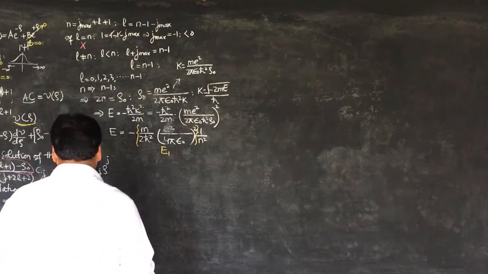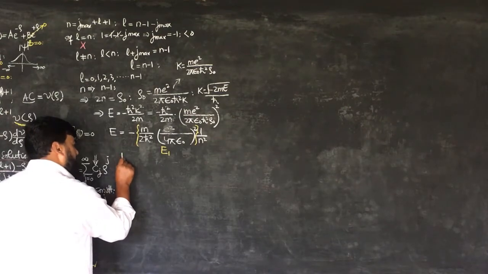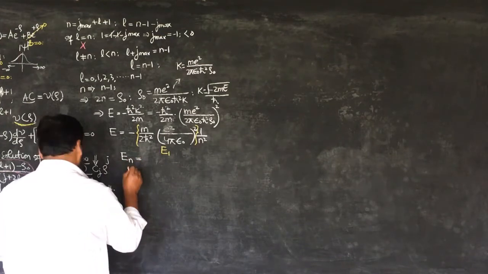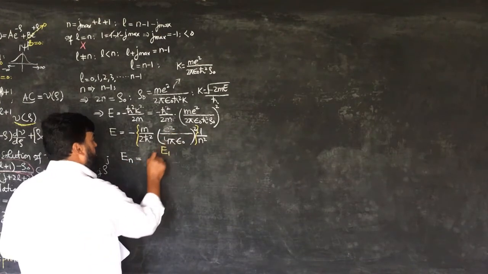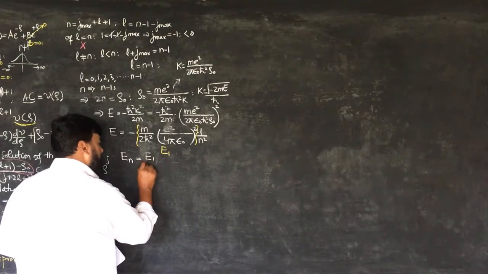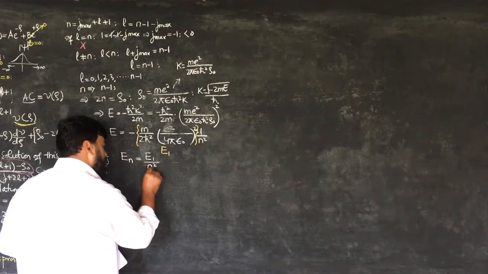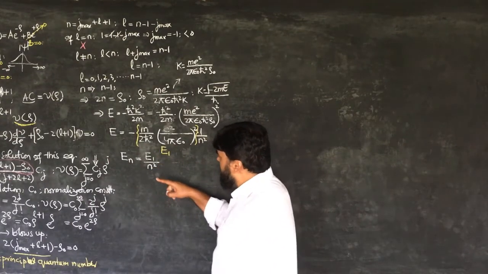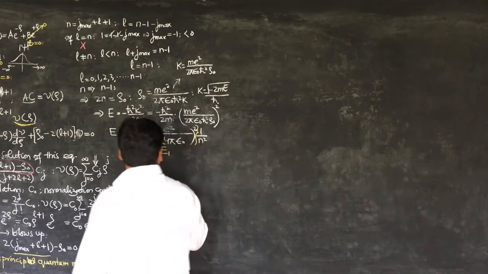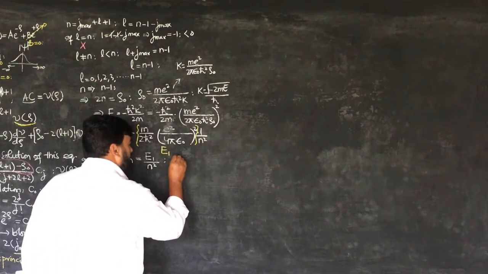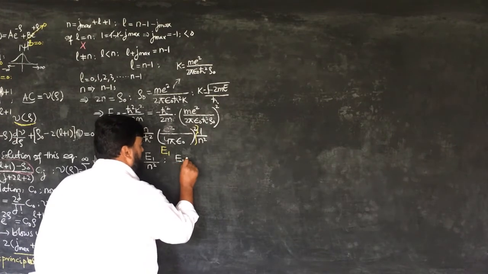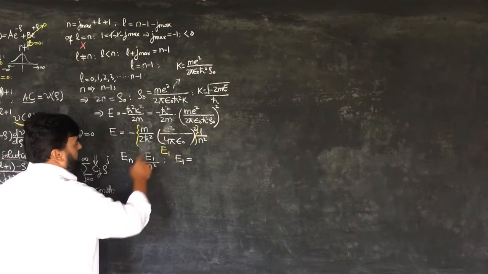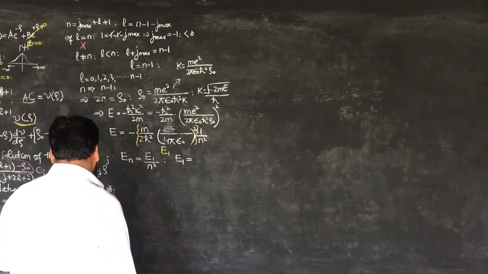So I have that E, let me write this as En, and En is equal to, if I write for this E1, then it is divided by n squared. Now from our mathematics, this E1 is the energy, which is a constant, and m, h bar, e and epsilon naught pi, all these are constants.